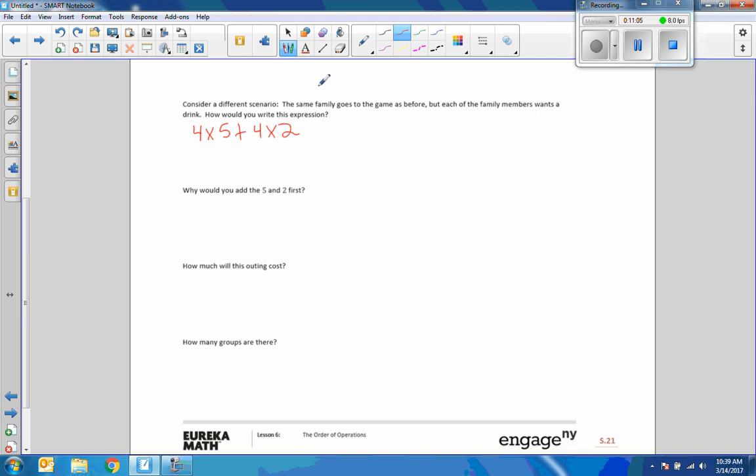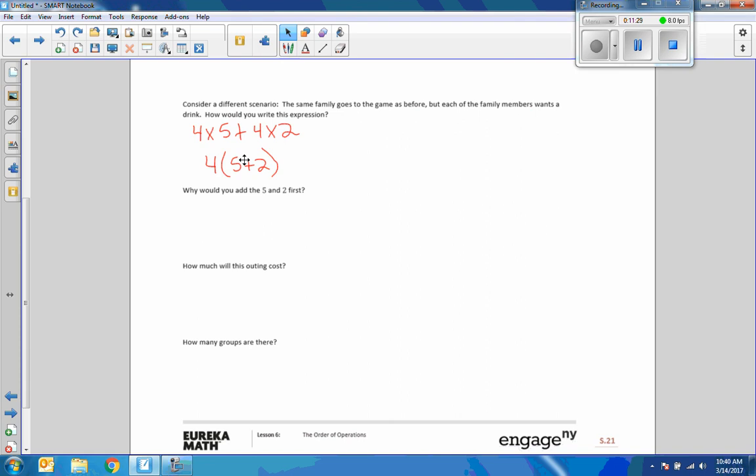I can rewrite this as 4 times (5 plus 2), because this would be 4 people buying a $5 ticket and a $2 drink per person. So why would you add the 5 and the 2 first? I will answer this question both ways.